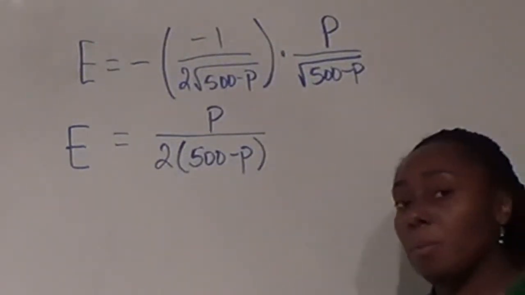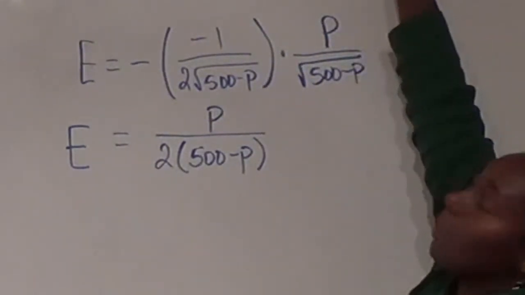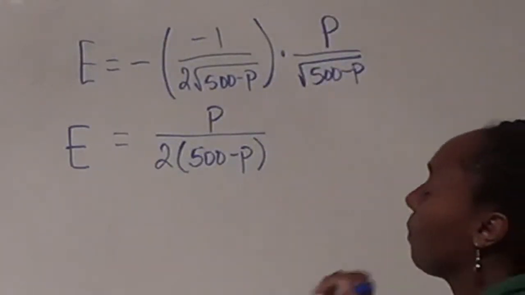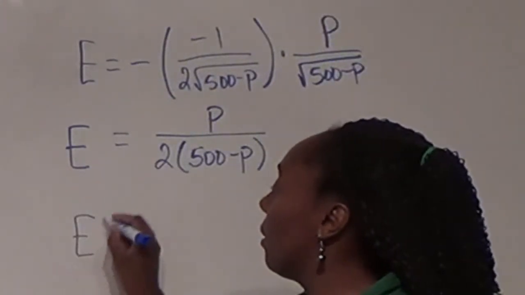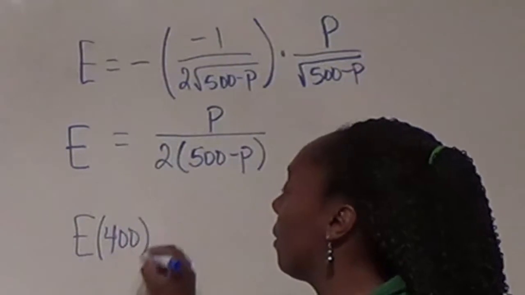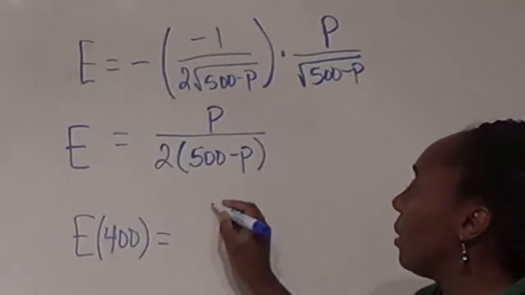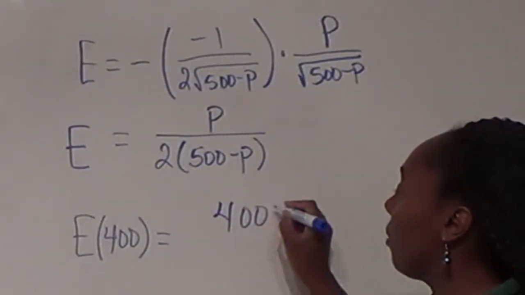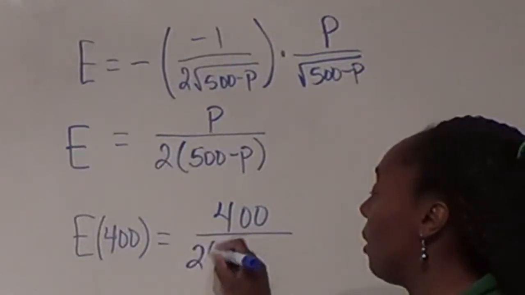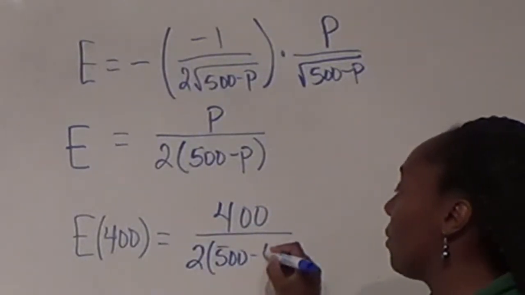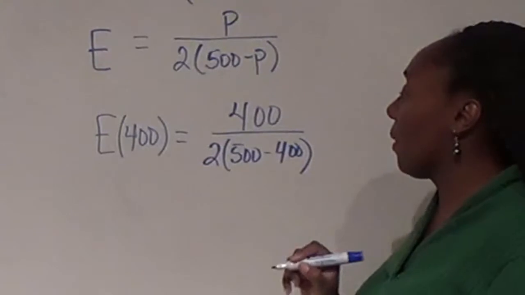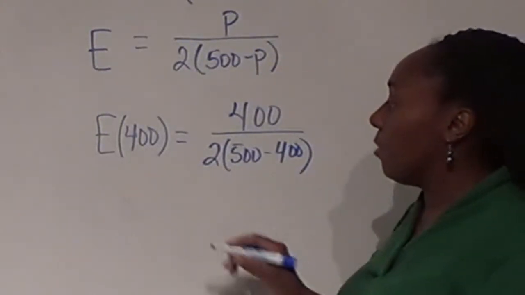So to determine the type of elasticity, we now plug in when P is 400. So E at 400 would be 400 over 2 times (500 minus 400). There we can see that's 100.